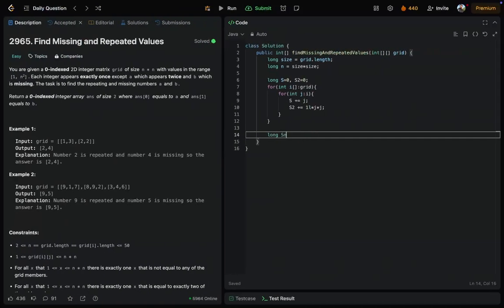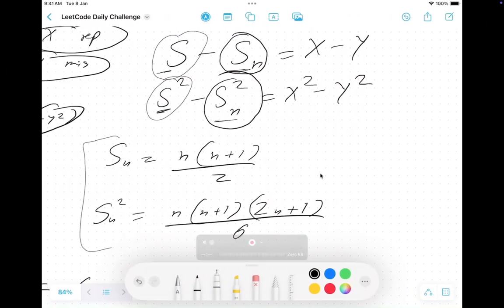So let's say sn is n multiply n plus 1 by 2, and s square n, which is equal to n multiply n plus 1 multiply 2n plus 1 divide by 6. Okay, so we have found this and this value.